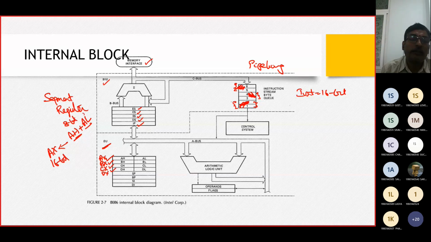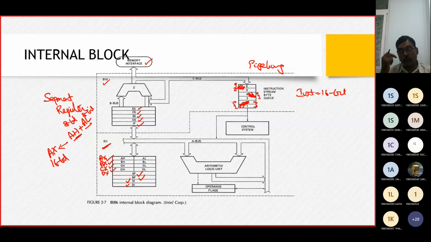So both will be 8 bit and 8 bit. Then we came across the stack pointer, base pointer, source index and destination index. The source index and destination index we said have to do with string operations.